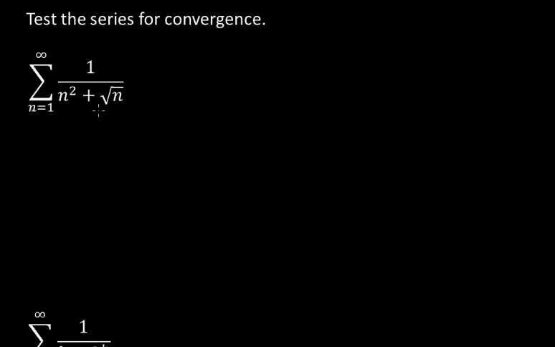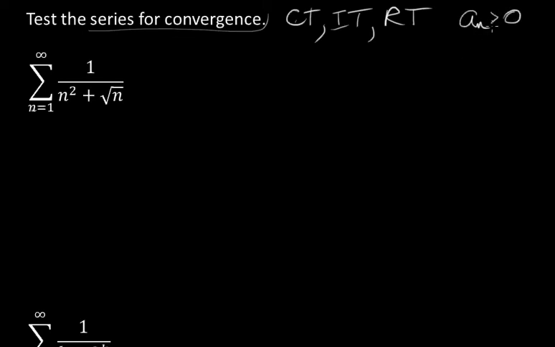Now, in doing tests for convergence, we have the test for divergence, but we have 3 tests for convergence: the comparison test, the integral test, and the ratio test. And they are all for series where the nth term is greater than 0, or non-negative. Okay, so what you do, this looks like a p-series. Let's write down the 2 series that we know about.